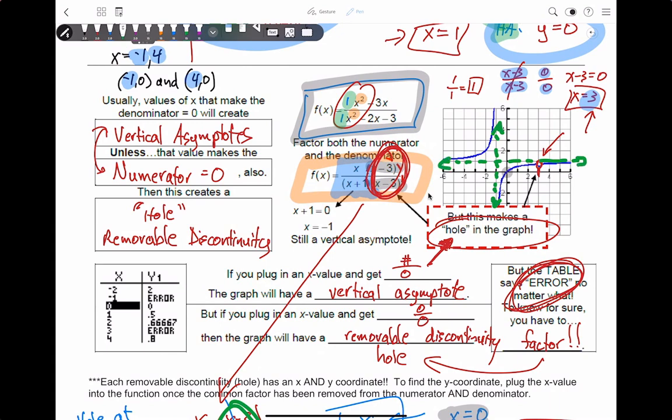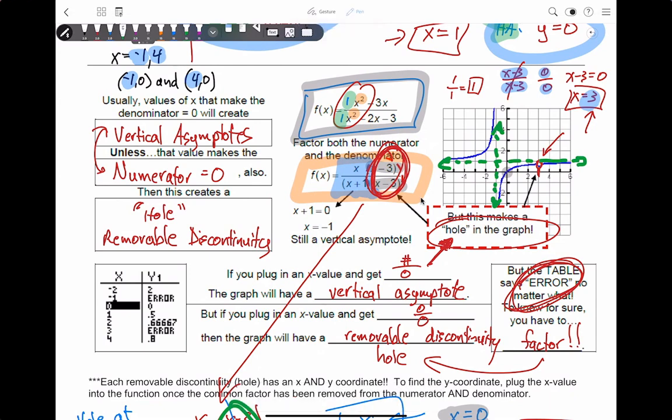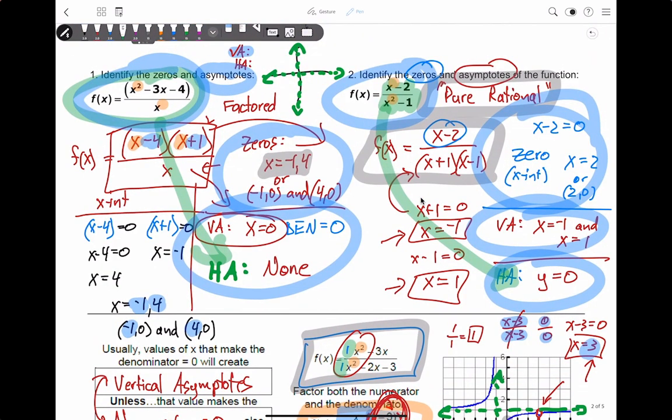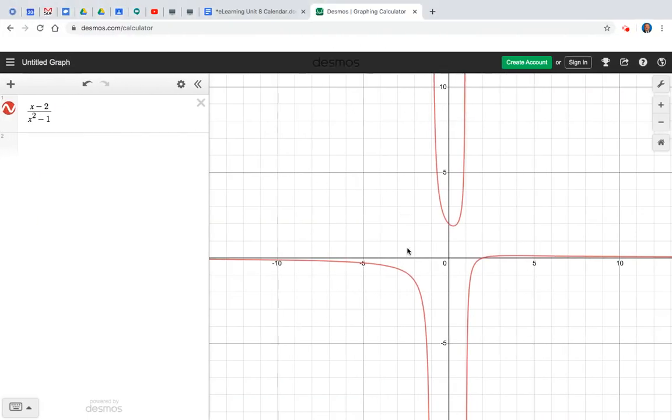So you notice that this y equals 1 is different, and I got it from the original equation than the one that we did from up here, this x minus 2 over x squared right here, minus 1. So we graphed this one, which showed it's still approaching 0.